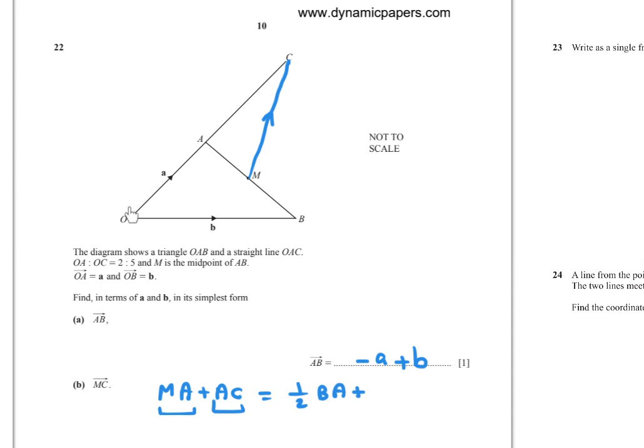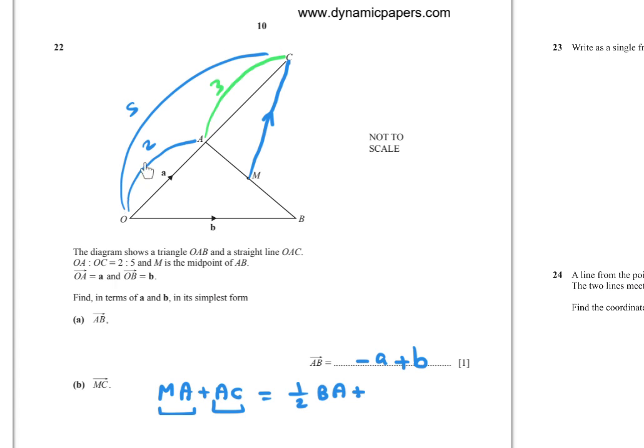We have the ratio between OA and OC as 2 to 5. So we can deduce that AC is 3 parts: OA is 2 parts, AC is 3 parts, and OC is 5 parts.